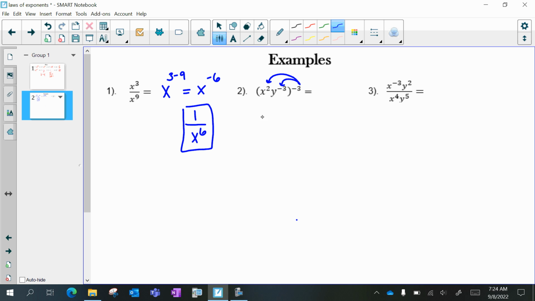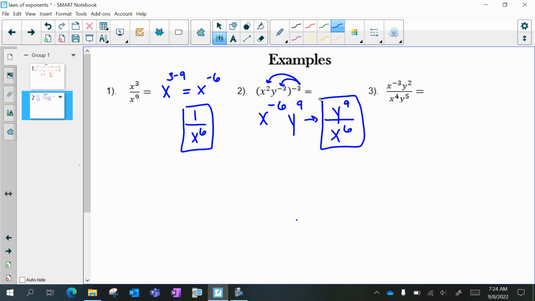So this becomes x to the negative 6, because 2 times negative 3 gives me negative 6, times y to the positive 9, because negative 3 times negative 3 gives me positive 9. Working with my negative exponents, remember, only negatives move. So that y to the 9th is a positive. I'm not changing it. This becomes y to the 9th over x to the 6th.